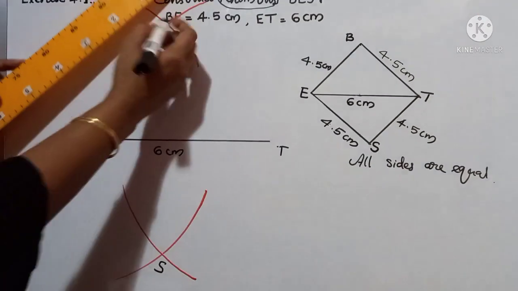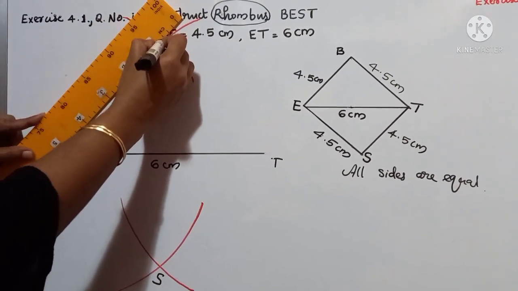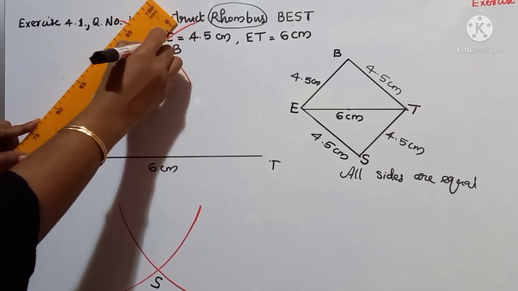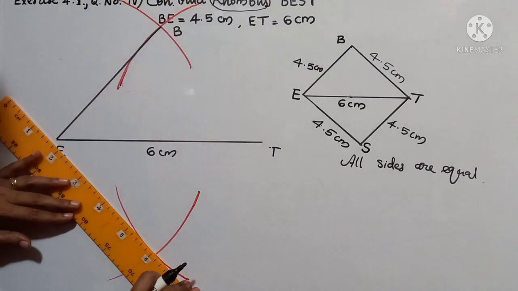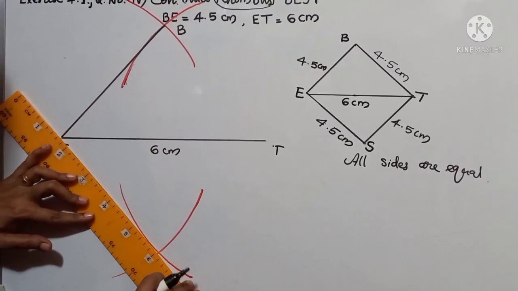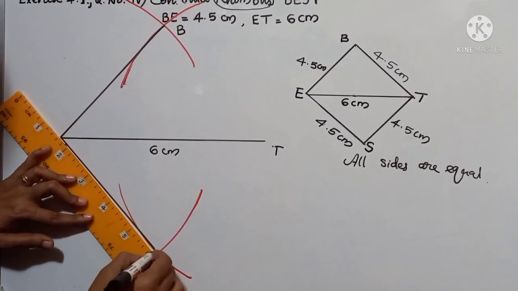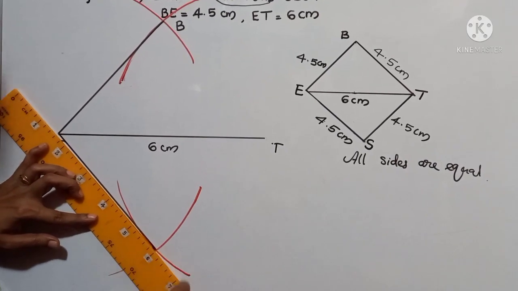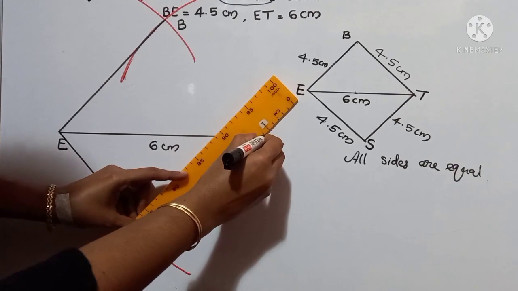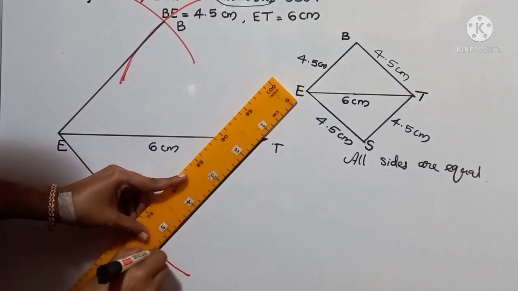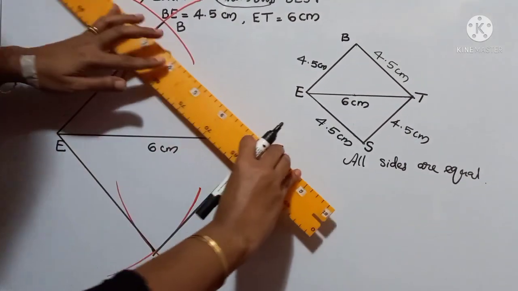Then next we just want to join these points: E, B, E, S, S, T, and BT.